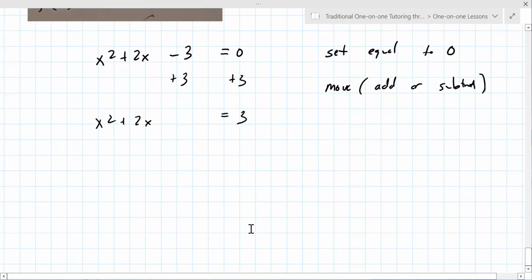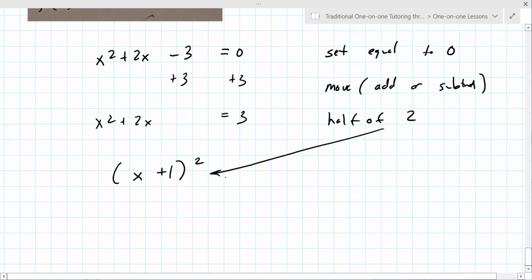It has to do with this number over here, the 2. Here's what you do. You take half of 2, and you write that in parentheses. But then the number that goes back here, you have to square.